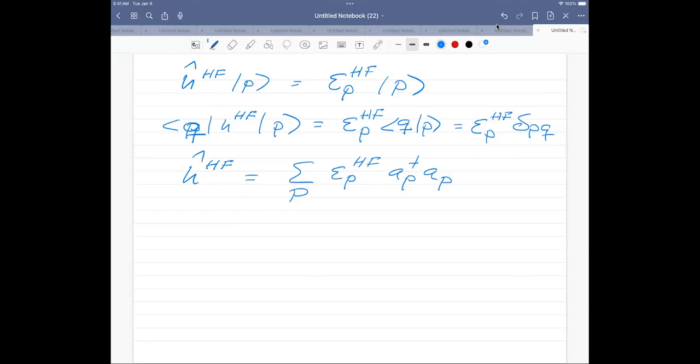So FCI calculations, as we saw before, normally start with a Hartree-Fock basis. Even if FCI doesn't need to do that, it falls under the category of post-Hartree-Fock methods. So Hartree-Fock theory becomes a kitchen item, like a knife when you're cooking.